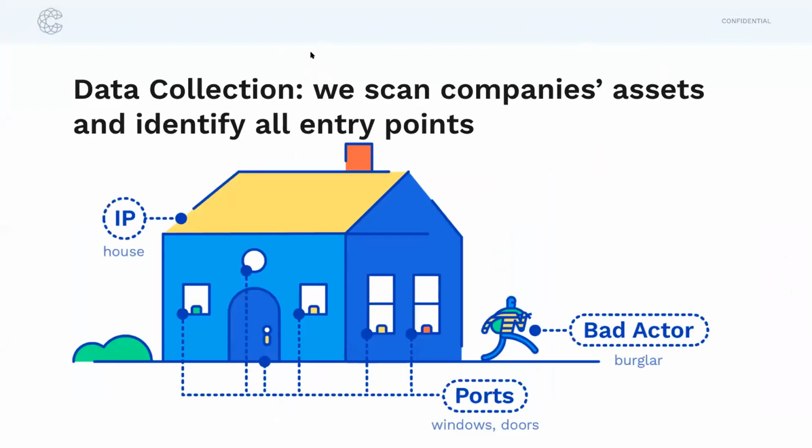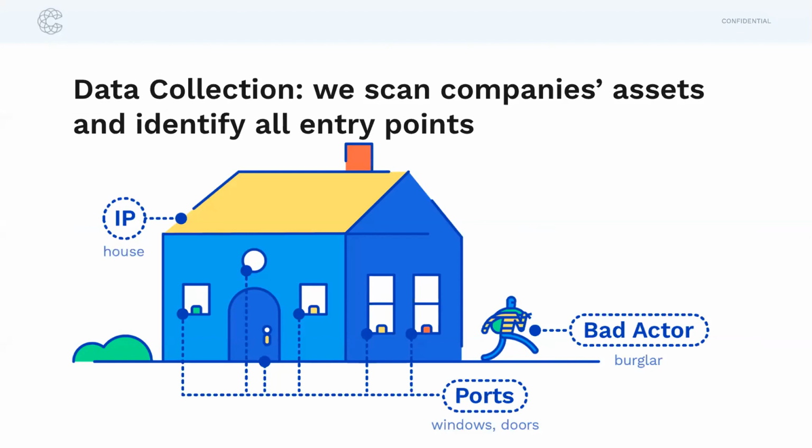Great. So again, as I mentioned, most of the risk comes from the outside, right? So what we try to do is take an outside-in view of an organization, so that we're seeing that company the same way that the threat actors or hackers are looking at it.